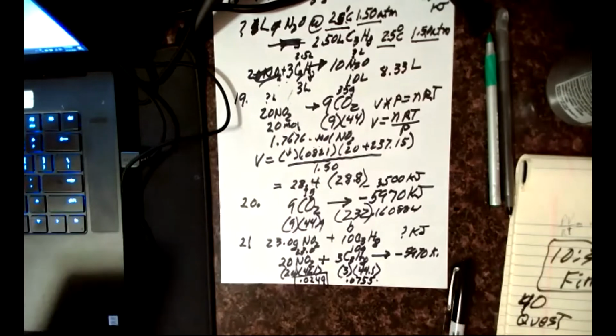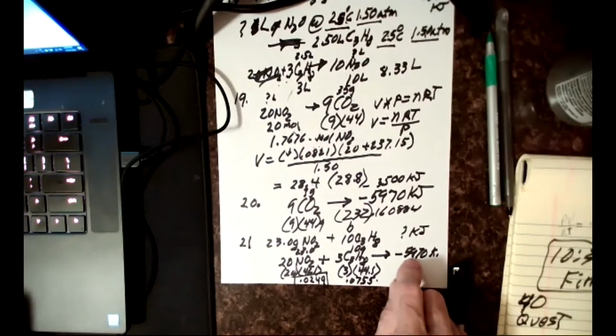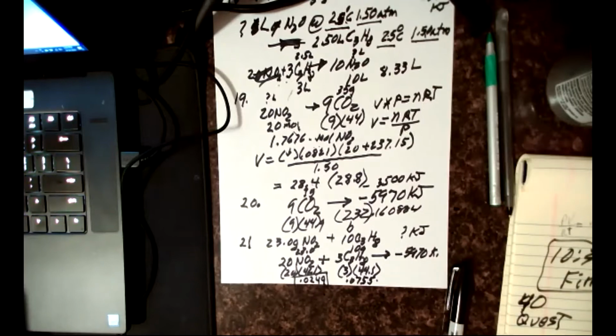And so, like I said earlier, I can't get back up there to that spot on my screen, so I'm going to recalculate it. 23 divided by 20 and divided by 46.1. 0.0249. Yeah, I got that answer a while ago. Now I want to multiply that times minus 5970.